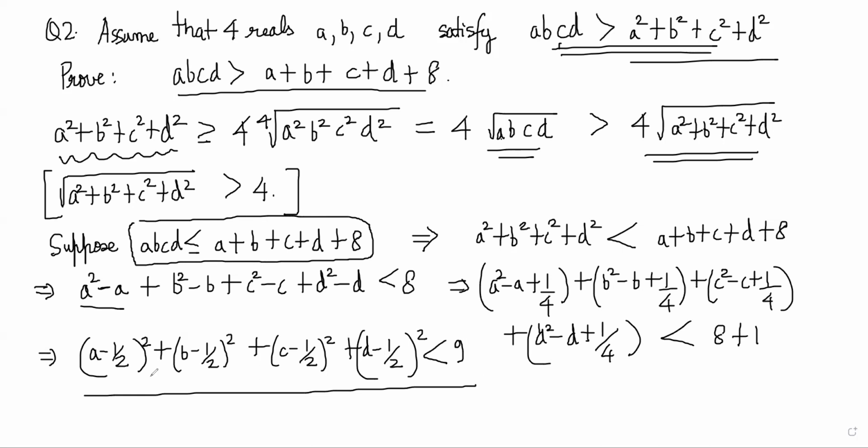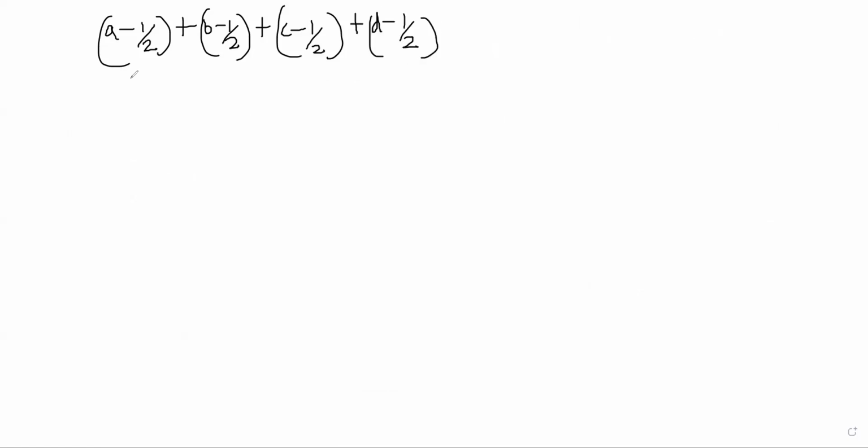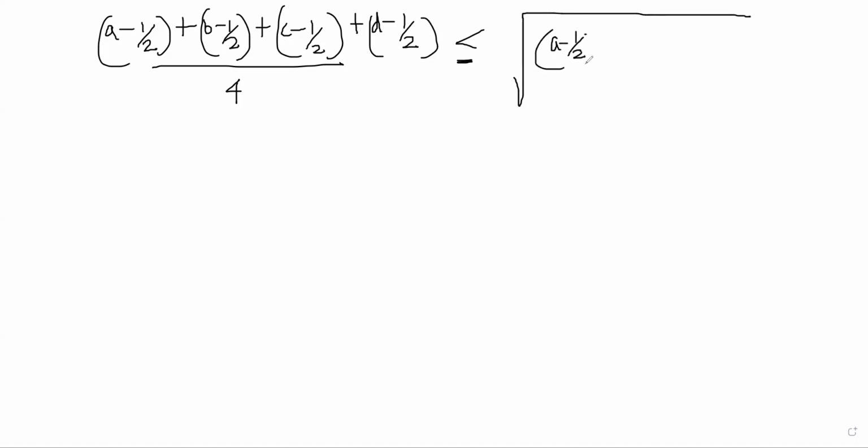So let's apply AM-GM on these four terms. Let's do it on the next screen. We know that (a minus half plus b minus half plus c minus half plus d minus half) by 4 is the AM, and we are writing the AM is less than or equal to the QM, which is the power mean of these terms. So what is the power mean?